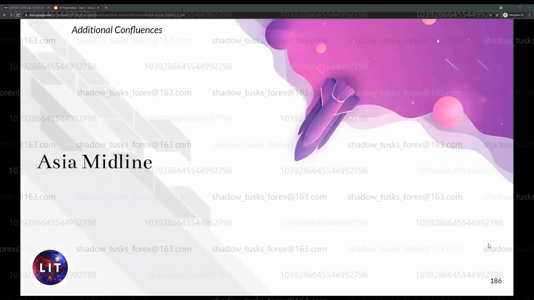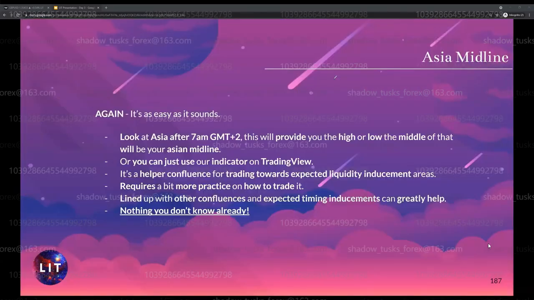Then we have something like the Asia midline. That becomes very powerful if you want to trade quick inducement trades. They're really amazing. And how you will use it is, again, easier than it looks. It sounds like Asia midline: you wait until the Asia session is closed already, and then you have your midline, which is also in the indicators for you guys.